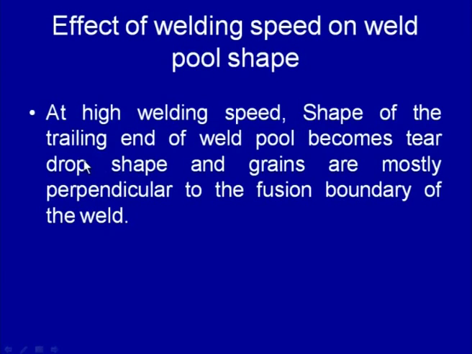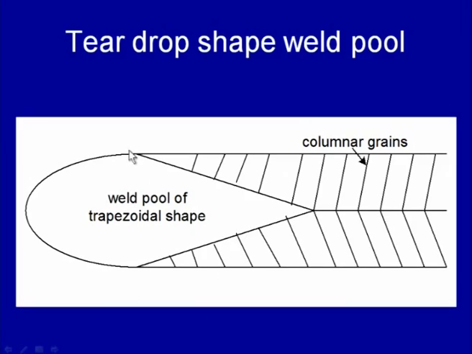At high speed the shape of the trailing end of the weld pool becomes a teardrop shape and the grains are mostly perpendicular to the fusion boundary. So, if we work with a higher welding speed, this will result in a teardrop, trapezoidal shape of the weld pool, and the grains will be largely perpendicular to the fusion boundary and they will be abutting at the weld center. This kind of grain structure increases the alloy segregation tendency in the weld region.